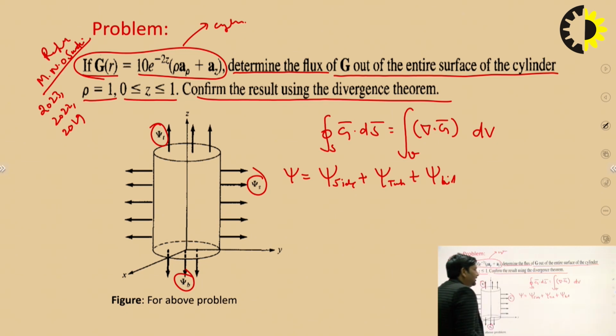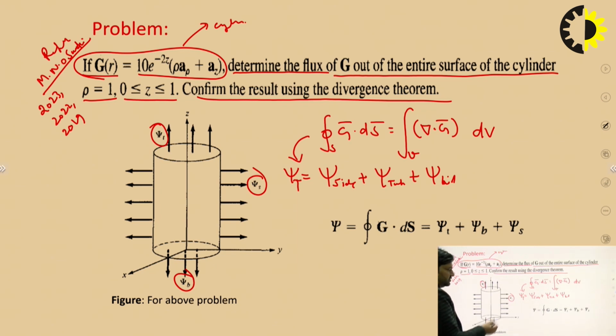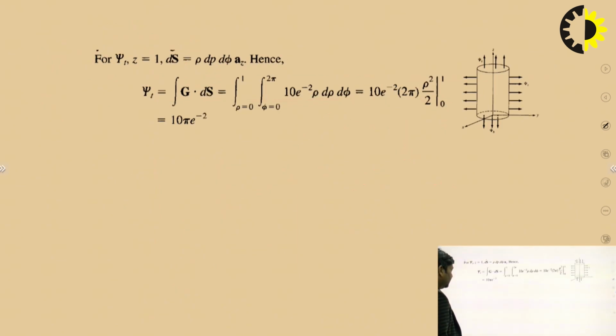If we calculate the total outward flux in terms of side, top, and bottom and integrate it, this is equal to the integral of G dot ds. And how do we calculate this?